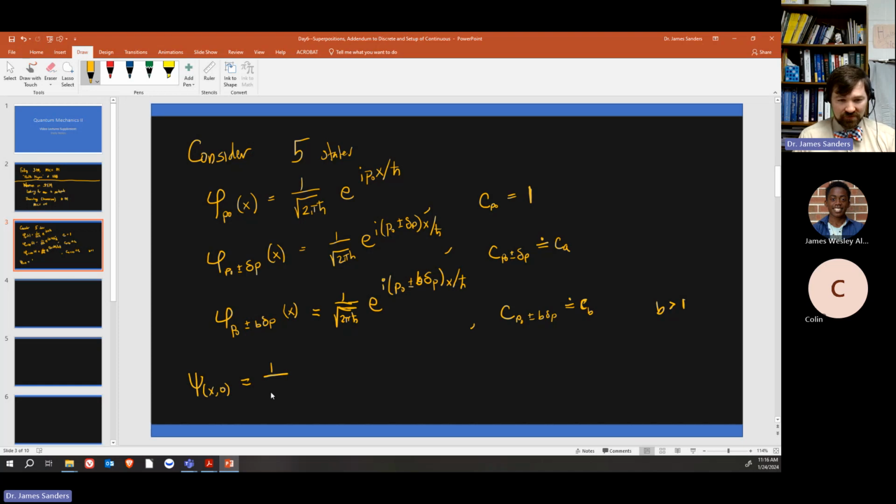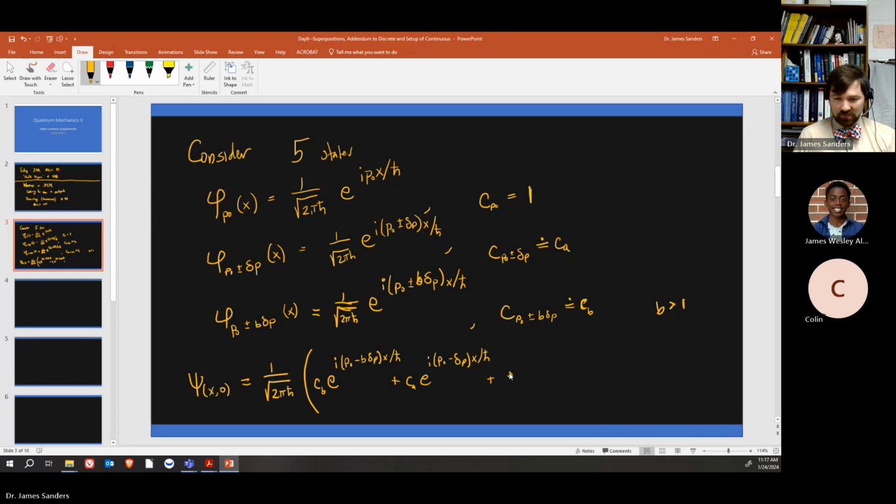We have 1 over square root 2 pi h bar. And then essentially we have each of our peaks or side peaks in turn. e to the i (p naught minus B delta p) x over h bar. And then next term, C sub A e to the i (p naught minus delta p) x over h bar.